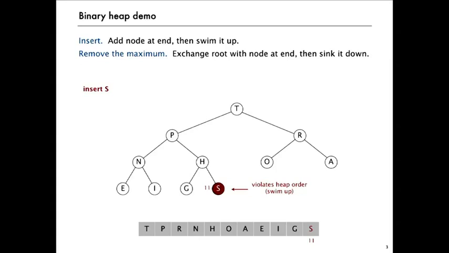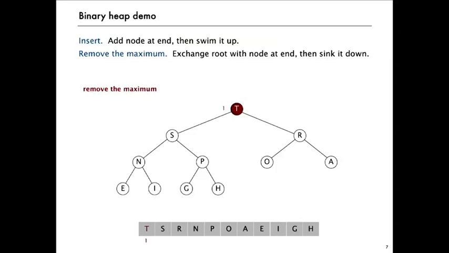Exchange it with its parent as long as it's larger than its parent. So first thing, it goes up to exchange with the S. It's still bigger than P, so we exchange it with the P. And now we're done because the S is not bigger than T, and the heap order condition is now satisfied everywhere in the heap. So with just 2 exchanges, we insert that new element into the heap in this case.